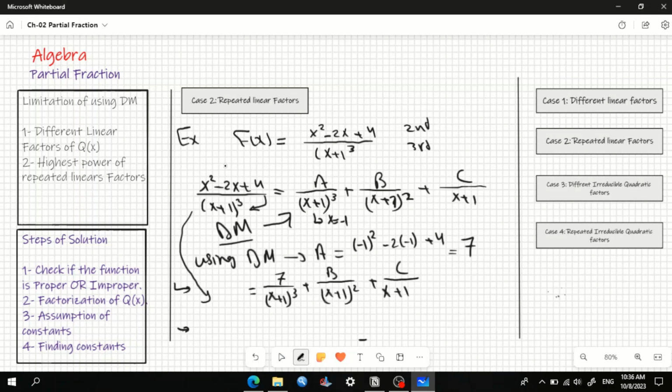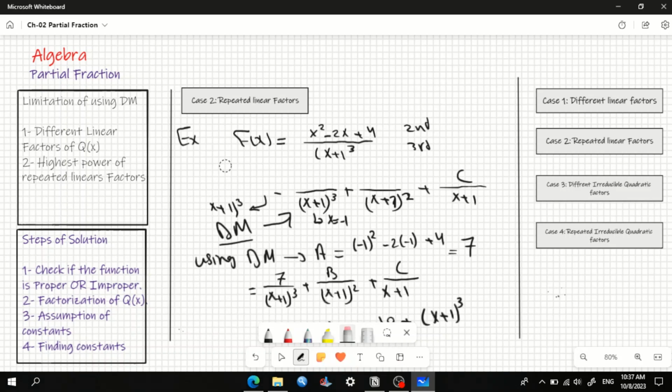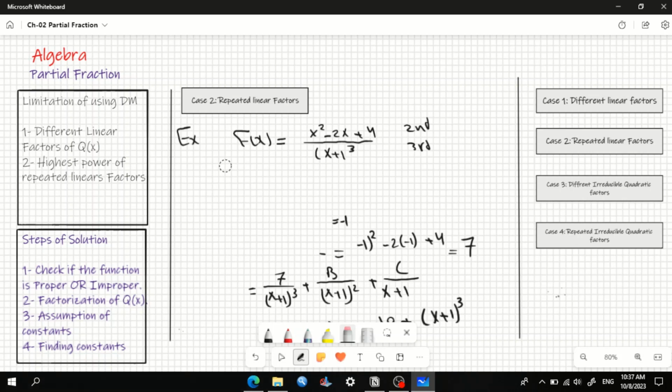Using the comparison method, the first step is to multiply by the common denominator, so multiply by x plus 1 cubed. Just write that and start to find b and c by the comparison method.